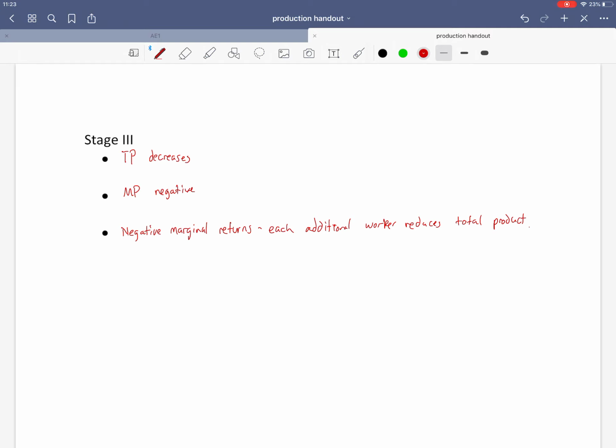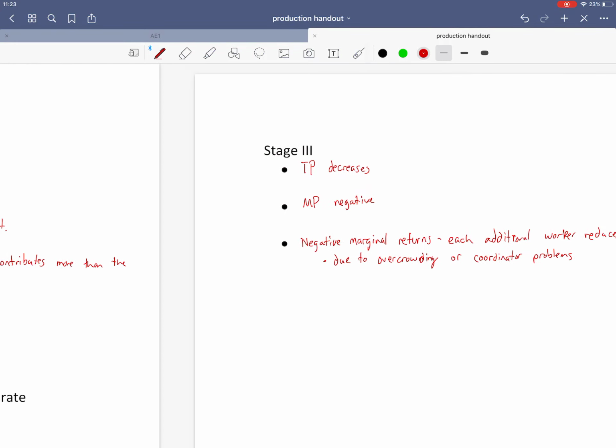Now, we never want to be in stage 3, and this typically occurs due to overcrowding. You have too many people getting in each other's way. So this could be overcrowding or even coordination problems, which can be due to maybe the order that things are occurring.